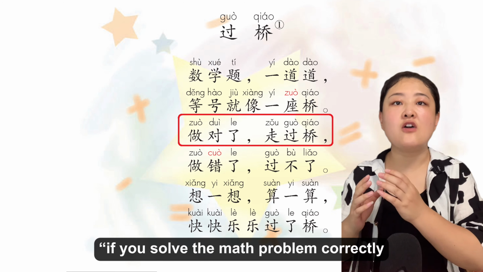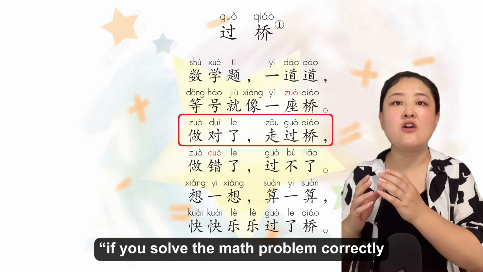And then the next line, 做错了,过不了. Again, 做 repeat after me. Here, 做 means to try to solve. 错 means wrong. And 做错 means to solve it wrongly. Here, 做错了 means that you solve it wrongly.